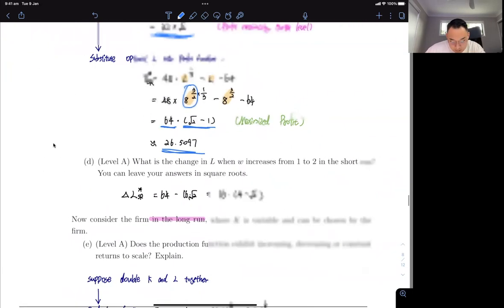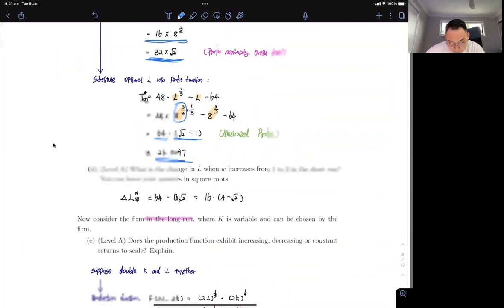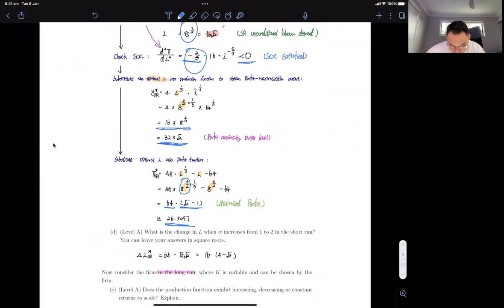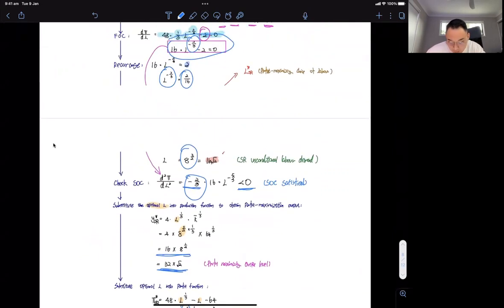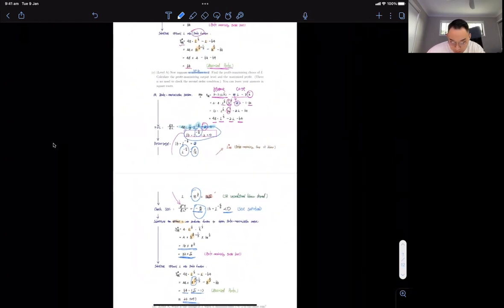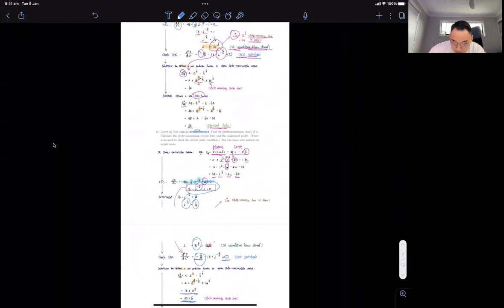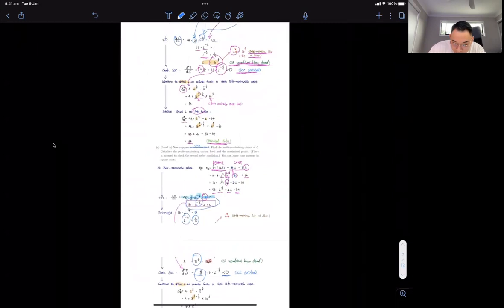Part D is asking us, what is the change in L when W increases from 1 to 2 in the short run? That's pretty easy, right? Because the short run unconditional labor demand, we have calculated in both questions. In question A, that equals 16 to the power of 3/2.